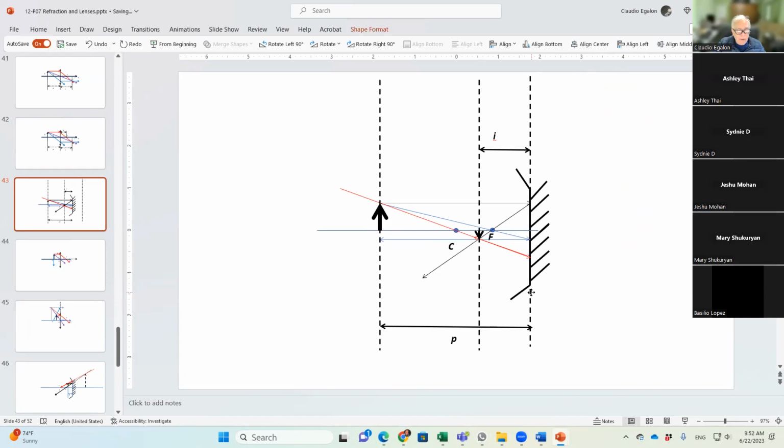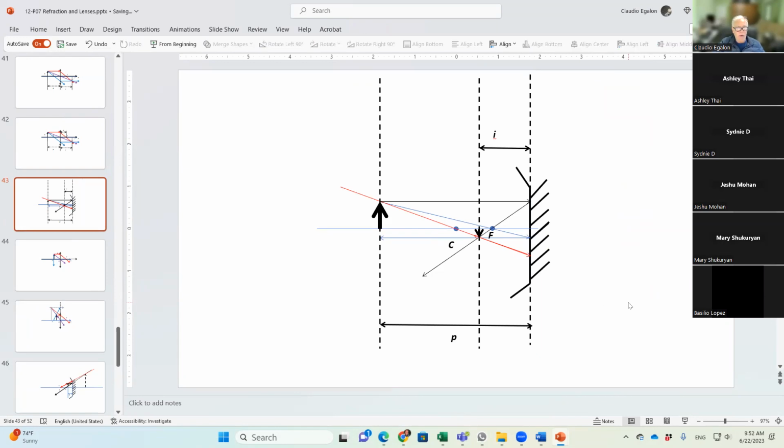Okay, now we have a better drawing here. That's how you compare one to the other.